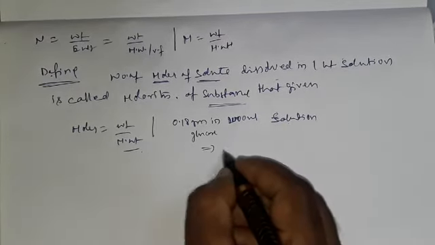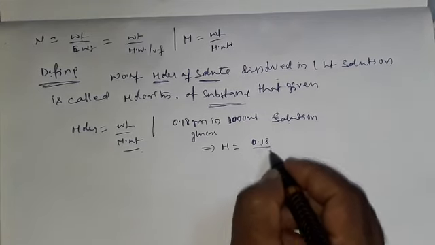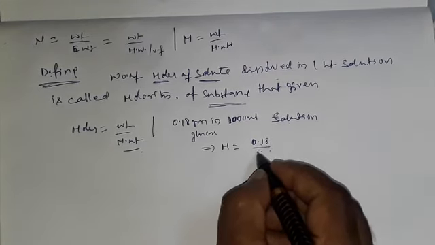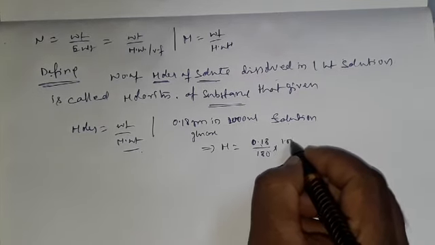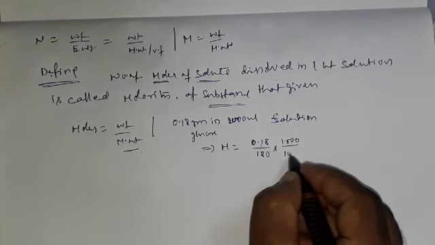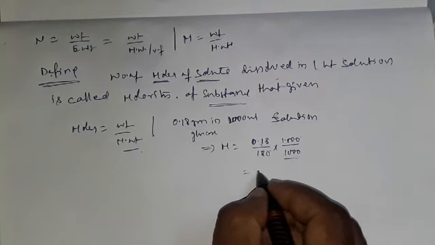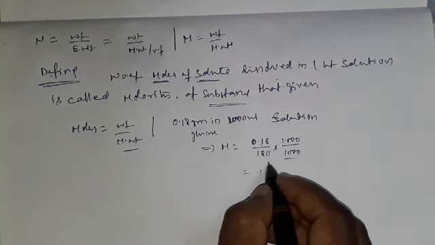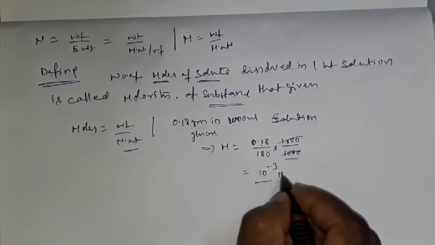What is the molarity? Molarity is 0.18 weight by molecular weight, which is 180, into 1000 by 1000. Then it is cancelled, and the value is 10 power minus 3 molar.